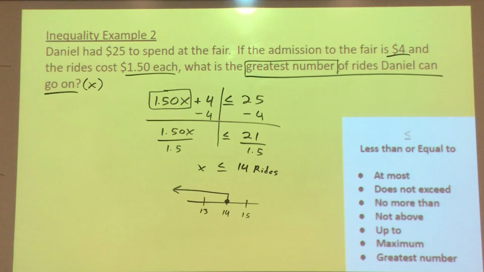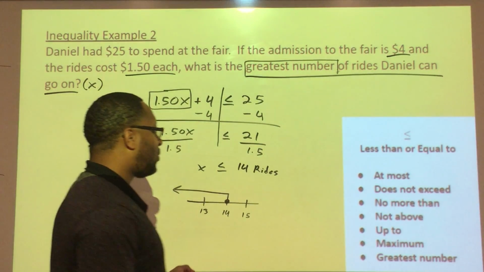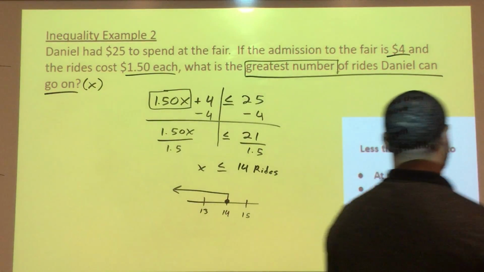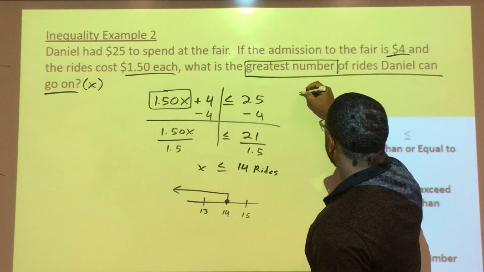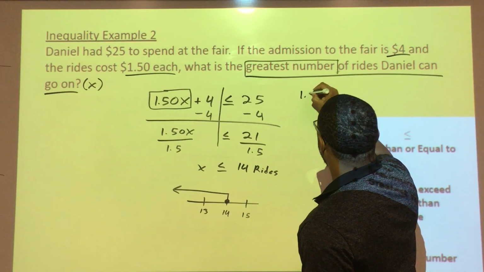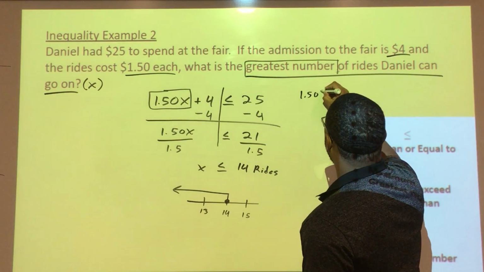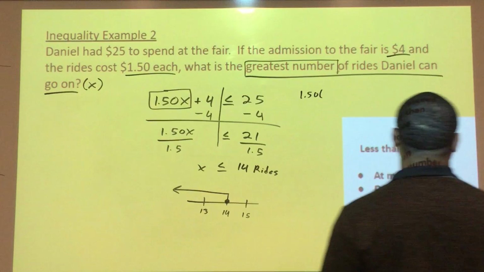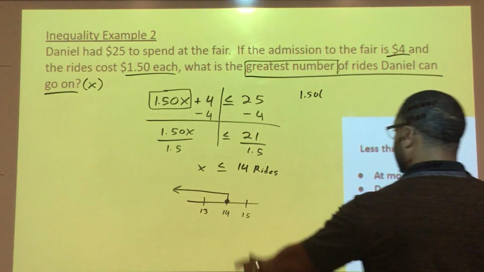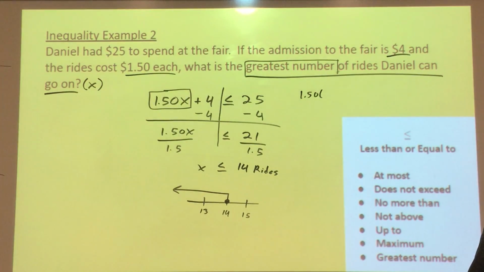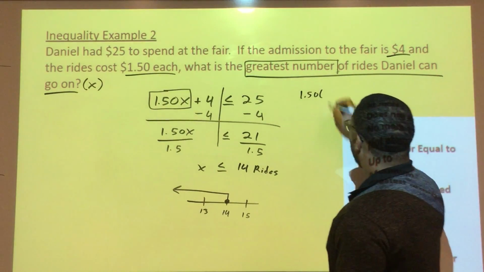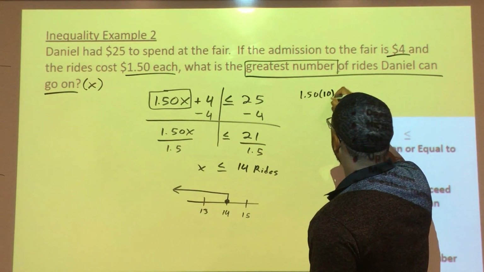So again, we can do the same thing that we did with the previous problem and just plug some numbers in and see what happens. So let's think of a number that is less than 14. So let's go with a number like 10.